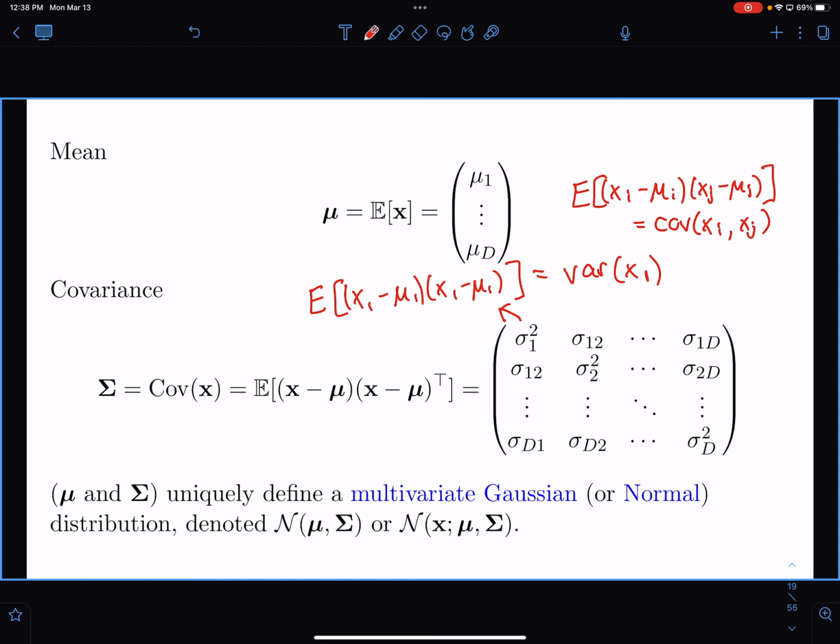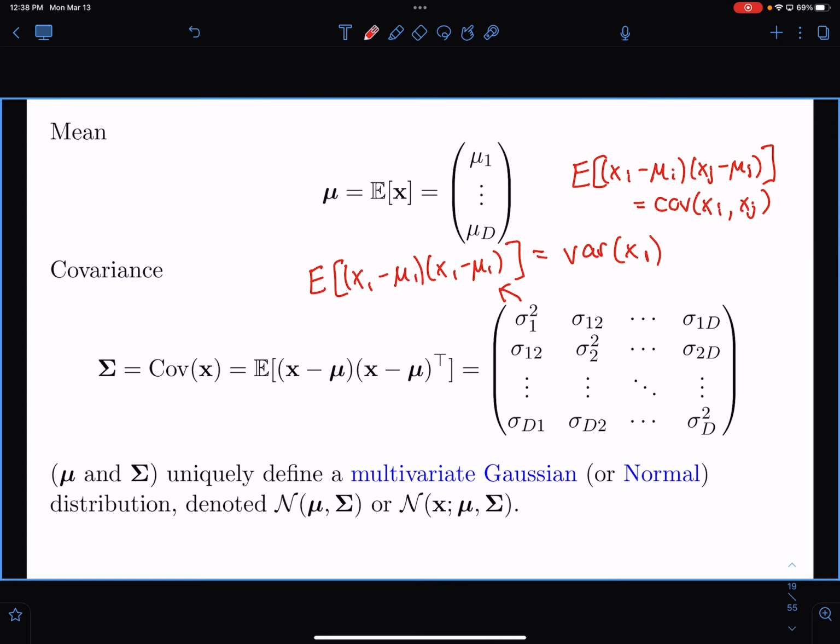The key property here is that once you know the mean and the covariance of a distribution, you uniquely specify the multivariate Gaussian distribution. For any distribution with multiple variables, you can compute its mean, but only the Gaussian has this property that it's uniquely determined by the mean and the covariance.